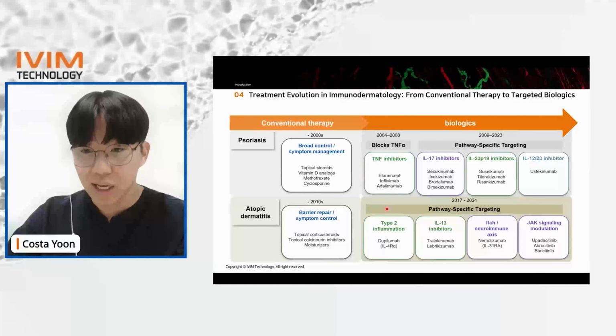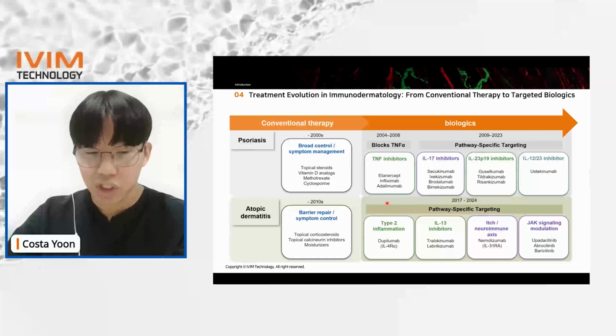More recently, therapies have been developed to target key molecules in the disease process, including IL-17 and IL-23. Similarly, in atopic dermatitis, drug development has actively focused on key signaling pathways, such as IL-4 and IL-13.